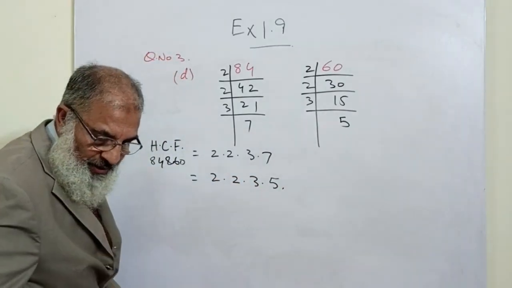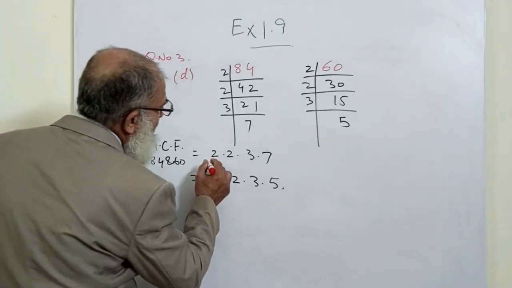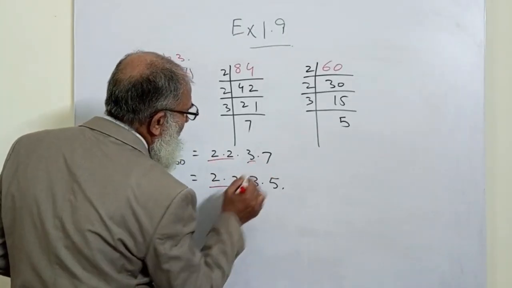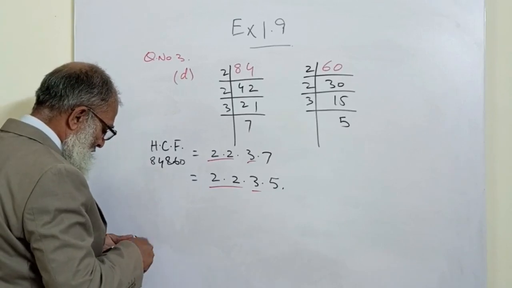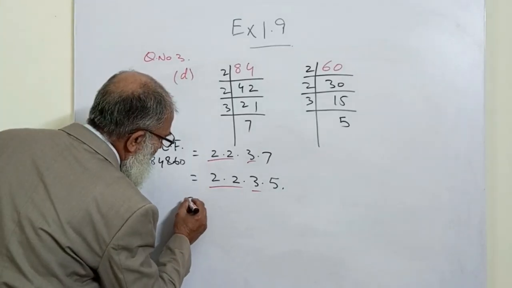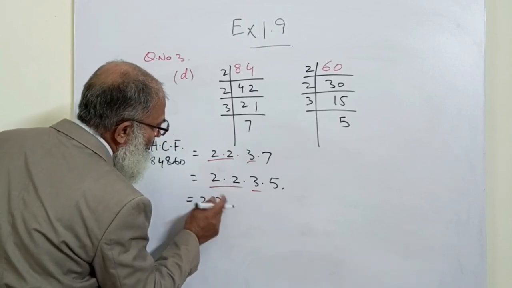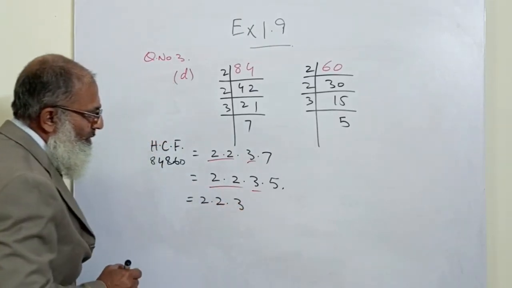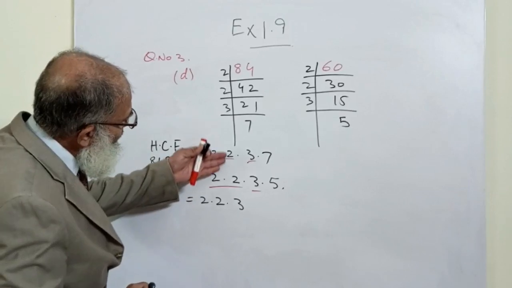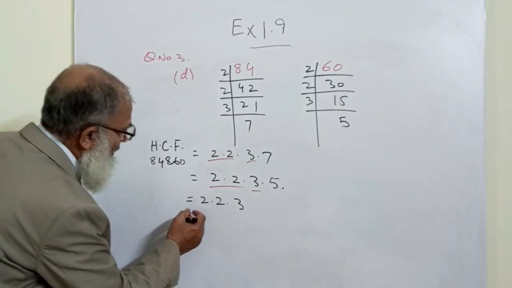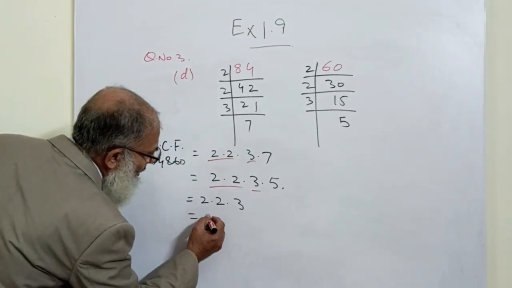Pick up the common factors. Now this is common, and these are common. So write all the factors which are common: 2, 2, and 3. It becomes 2 times 2 is 4, 4 times 3 is 12.